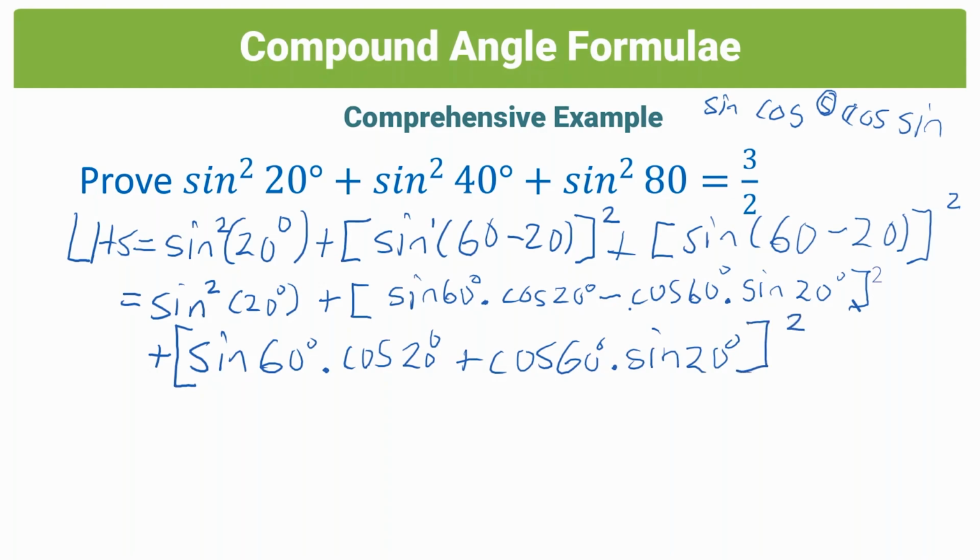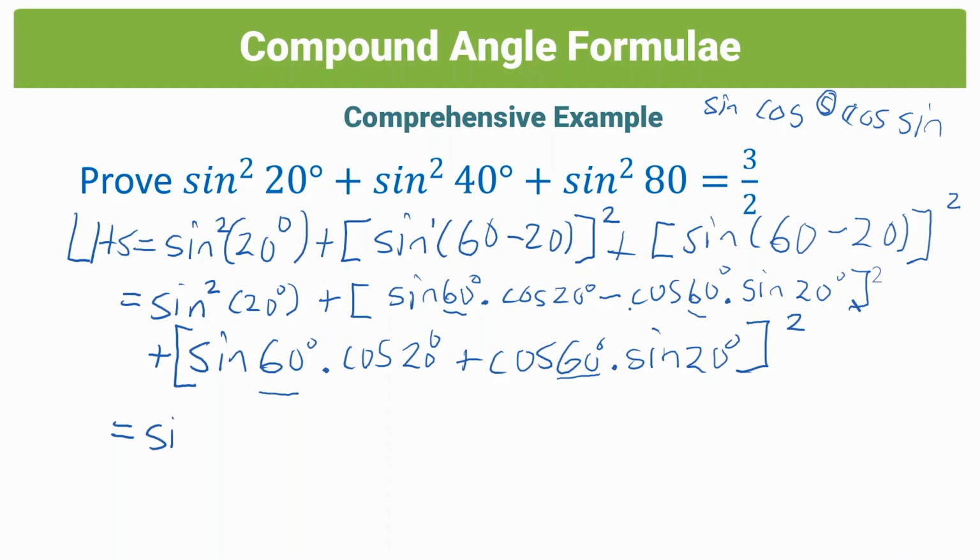So you can see this has become quite complicated, and it's going to be quite a mission to take this apart and expand it. So what I'm first going to do is put in all our special angles, because we see the 60s over here and we know the value for the trig functions of 60.